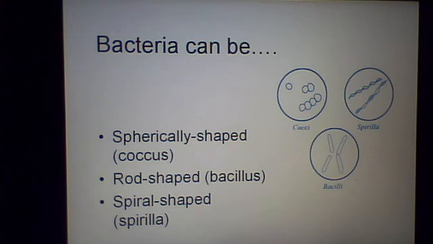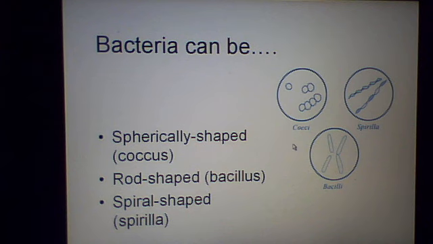Bacteria can be seen in different shapes. One of the shapes are the spherically shaped bacteria, and they're normally known as cocci. They will have the suffix cocci in their name.